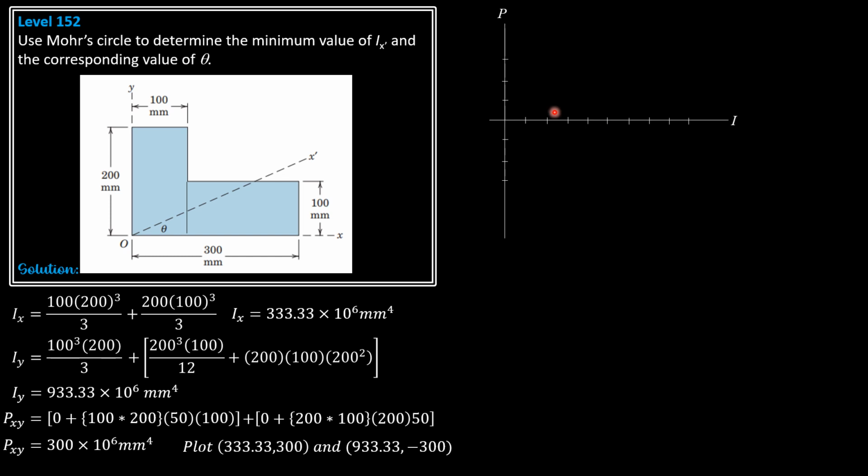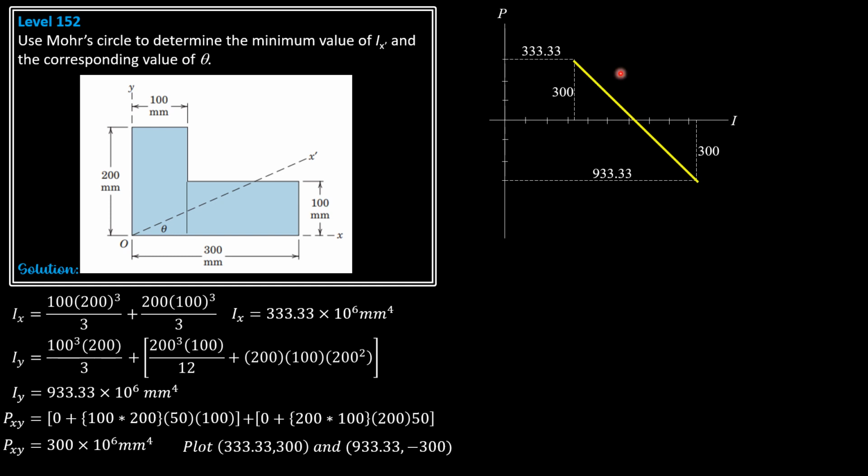So that 333.33 would be somewhere here, and 300 would be 3 graduations up as shown. So this is the point X, and the other value would be 933.33 comma negative 300, and it is point Y, the other end of the diameter of the circle.